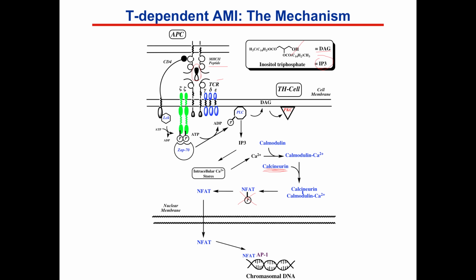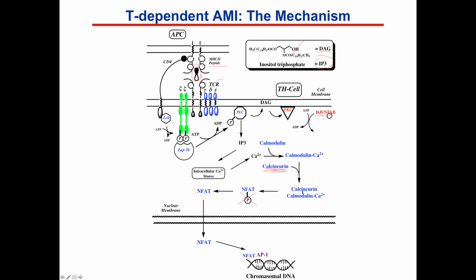The next part is what happens up here with this DAG, diacylglycerol. The diacylglycerol is important because it recruits protein kinase C to the membrane, and there's an activation in which the protein kinase C is going to phosphorylate a molecule, and that molecule is the inhibitor of NF-kappa B. The way NF-kappa B is regulated is by association with its inhibitor.